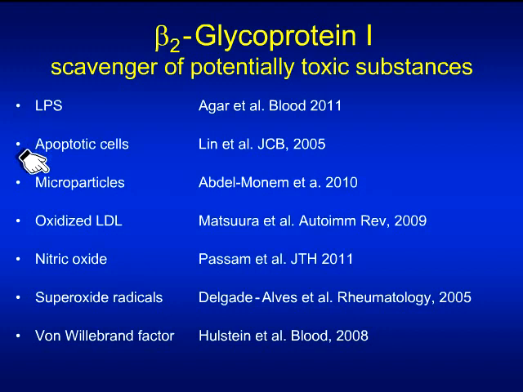There's a publication showing that it is involved in the binding and clearance of oxidized LDL. There are publications showing that it is involved in the neutralization of nitric oxide and superoxide radicals, and there's even a publication from our own group showing that it is also involved in the clearance of von Willebrand factor. So I think that beta-2-glycoprotein 1 is a scavenger of potentially toxic substances in our body.